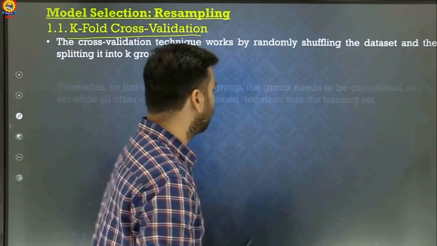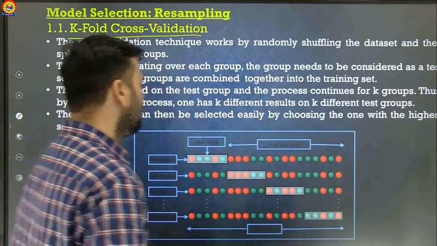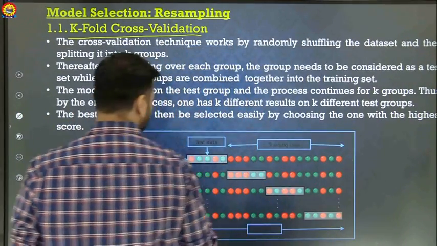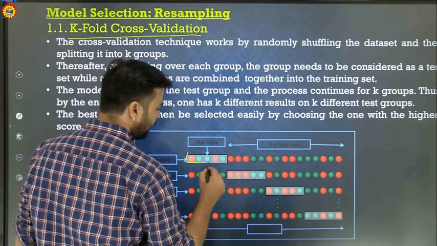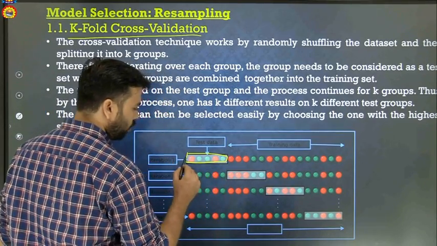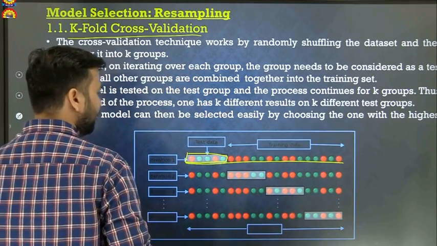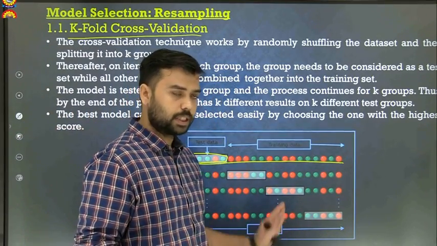So I will explain this with the help of this diagram. This diagram shows the basic concept. It is our whole data in this model selection.